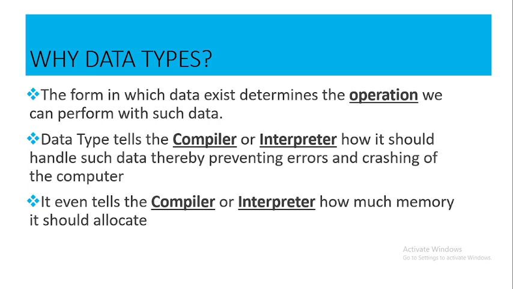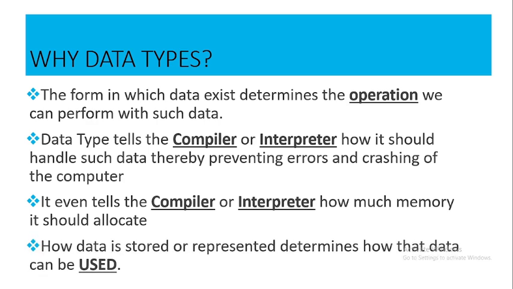So when we define the data types, it comes in to instruct the compiler or the interpreter on how much memory it should allocate. So the compiler or the interpreter comes to know that for this type of data, this is the memory we should allocate for it. So how data is stored or represented actually determines how that data can be used.